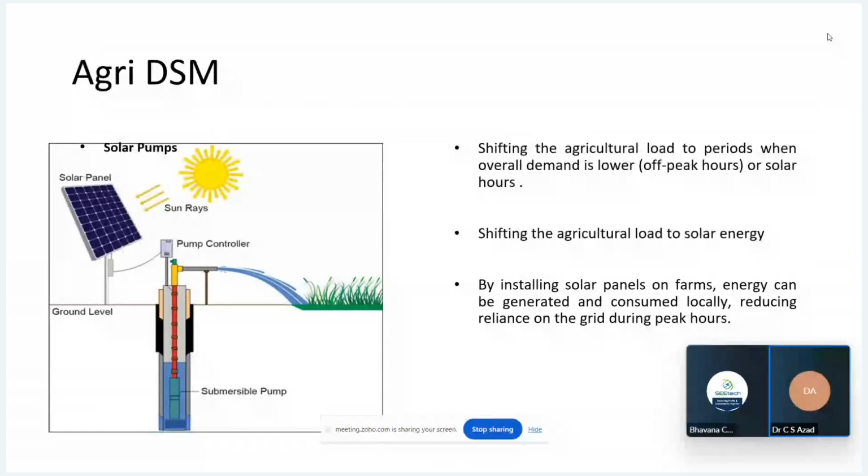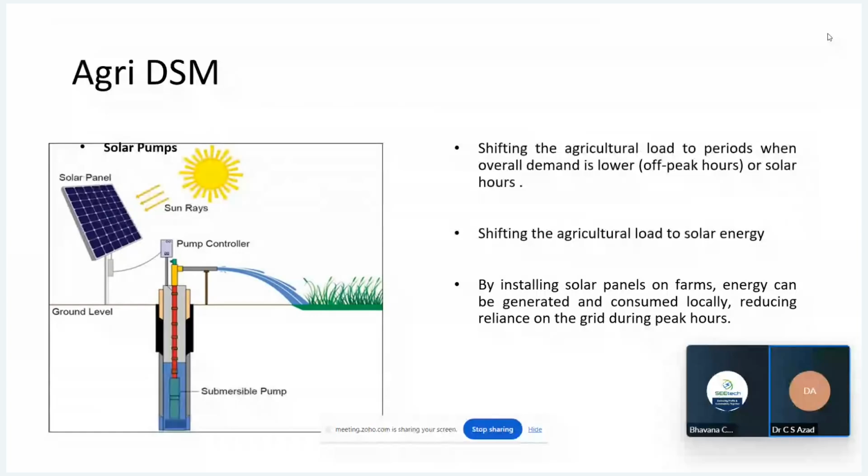By the load curve, we have seen that demand may be lower during the night hours, or we may use solar hours if sufficient capacity of solar is available in the state, then the discom can allow the agriculture load to be utilized during the solar hours.